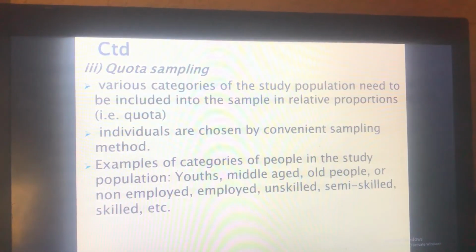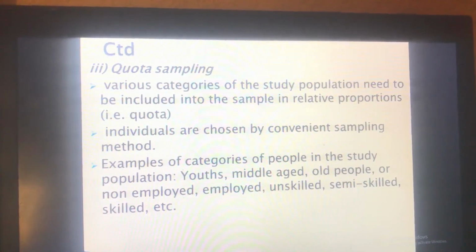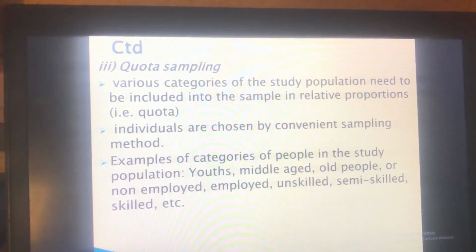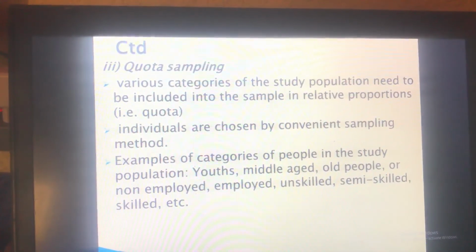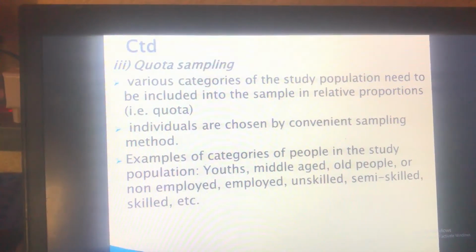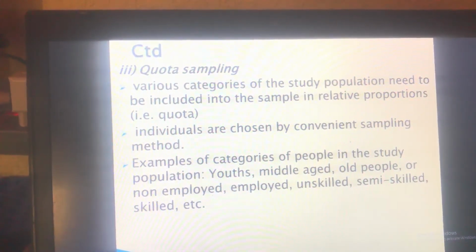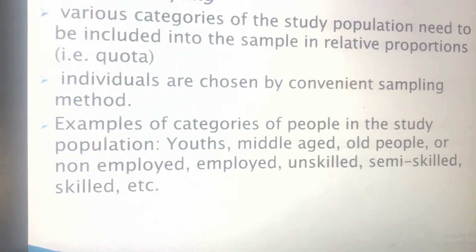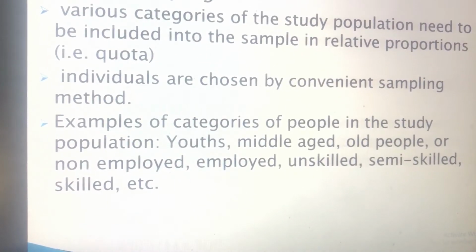The other non-probability sampling is quota sampling. In quota sampling, various categories of the study population need to be included in the sample in relative proportions. Individuals are chosen by the convenience sampling method. Let's take an example of categories of people in the study population.